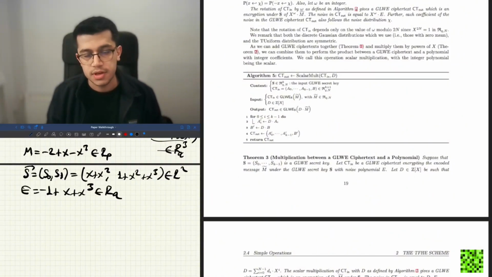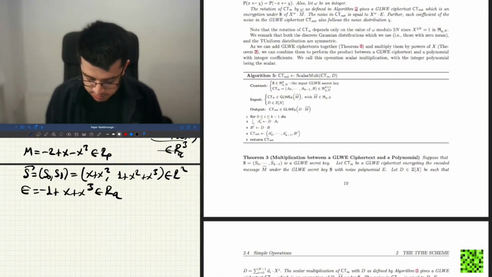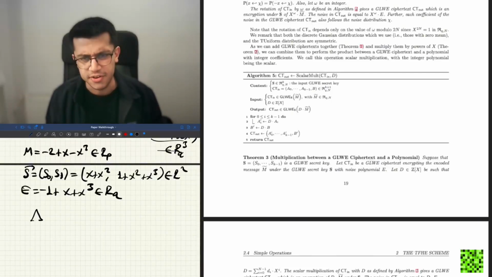So now let's choose a polynomial to multiply. Let's call it, what was this, alpha? Yeah, capital alpha, right?